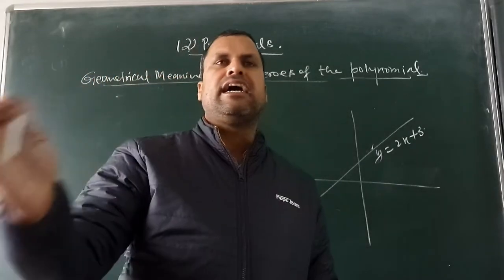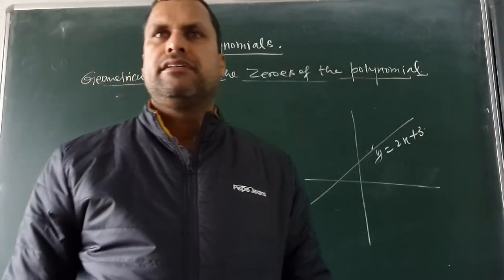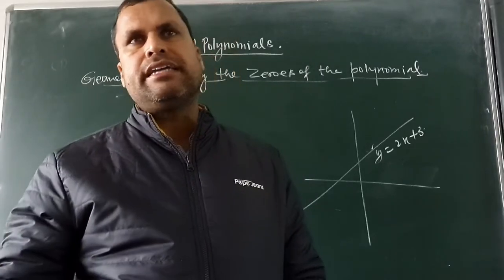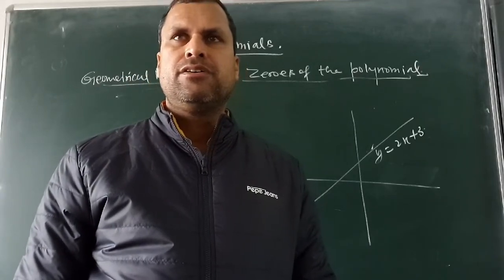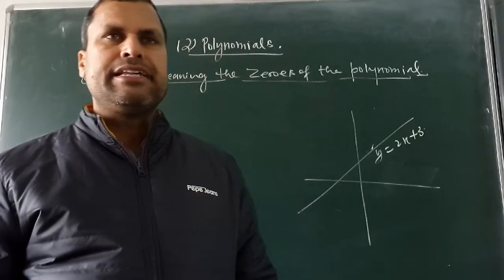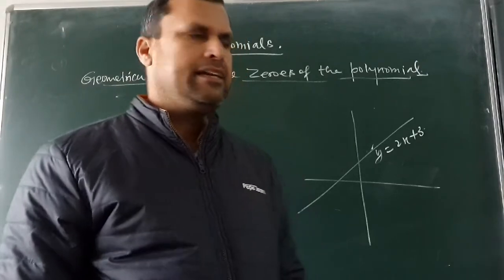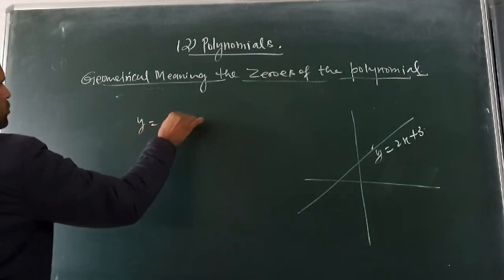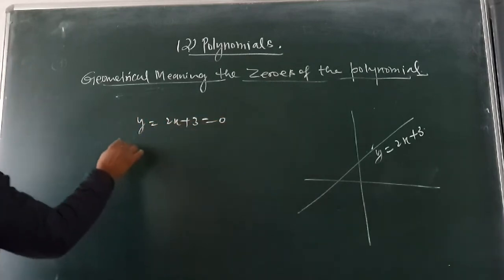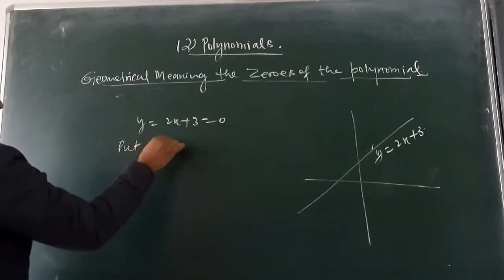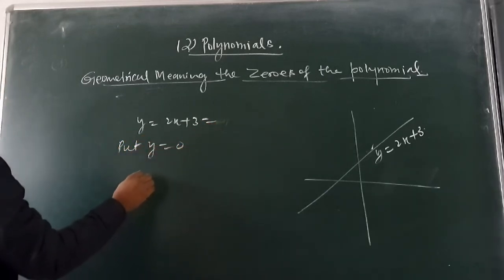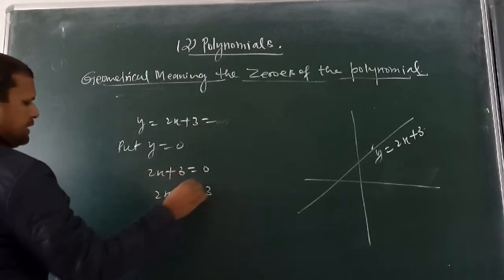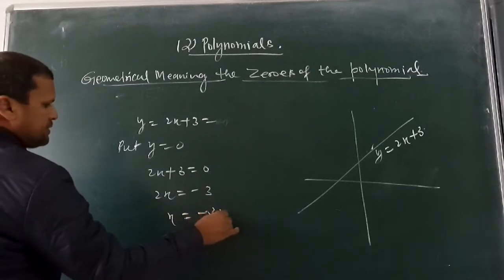And a linear equation always represents a straight line. Suppose y equal to 2x plus 3 equal to 0. When we put y equal to 0, it is 2x plus 3 equal to 0 and 2x equal to minus 3 and x equal to minus 3 by 2.